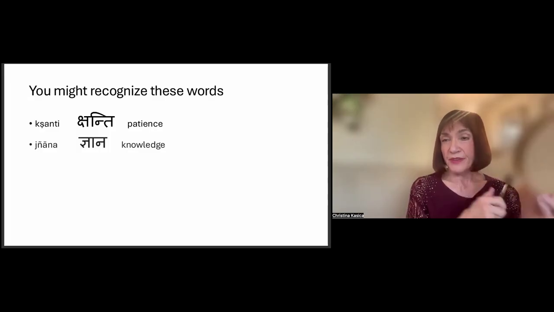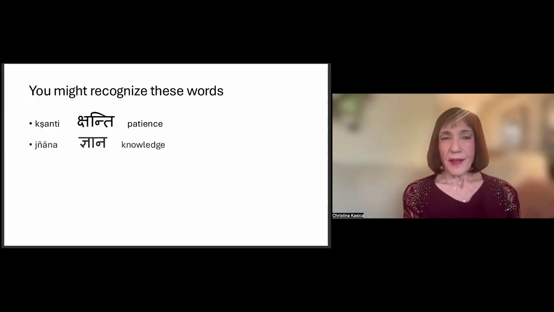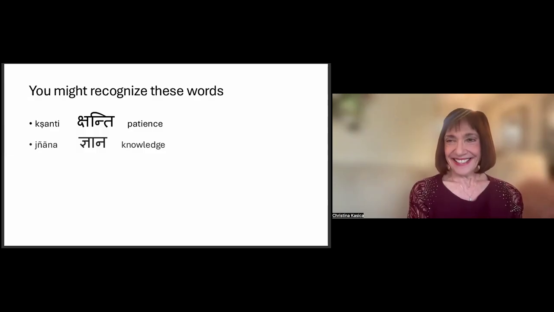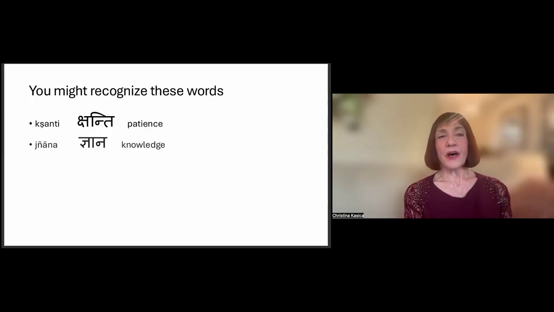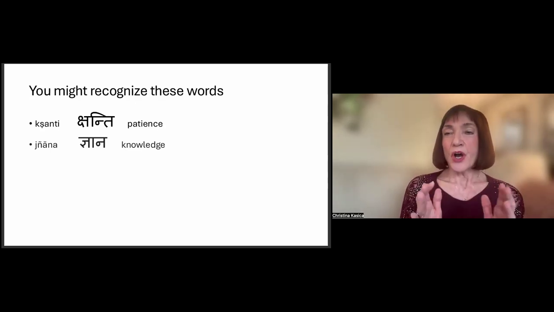Have you heard this word? Kshanti. That sound, the K sound? It's the kshanti sound, right? Kshanti. Patience. With the K. The k sound at the beginning stuck to a sh sound.